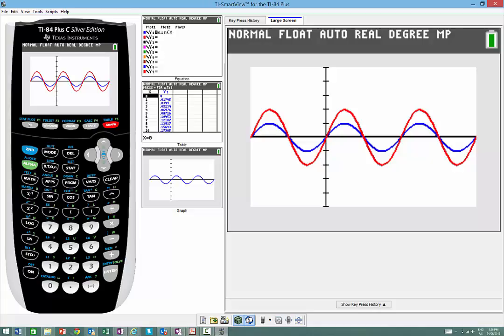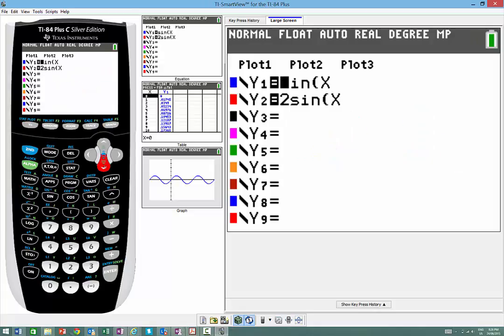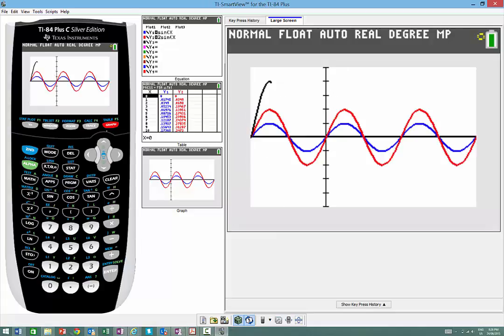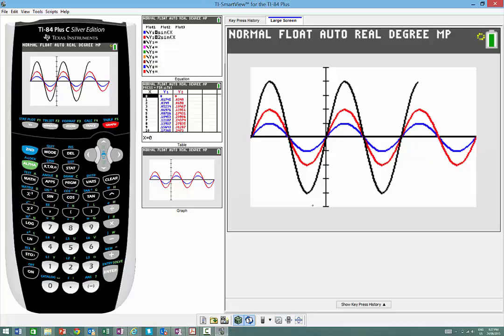And then obviously what we did in class was look at something like 4 sine x. We graphed that, and it went to a height of 4, down to a height of minus 4, up to 4, back down to minus 4. So it's still got the same period, looks identical, just goes higher.